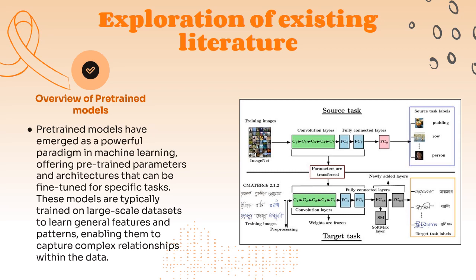As shown in this figure, the top row refers to the original task that AlexNet was trained on, which is classifying natural images into different categories using the ImageNet dataset. The bottom row indicates that the parameters, or the learned numerical values, of layers in the AlexNet model are being reused for a different task.